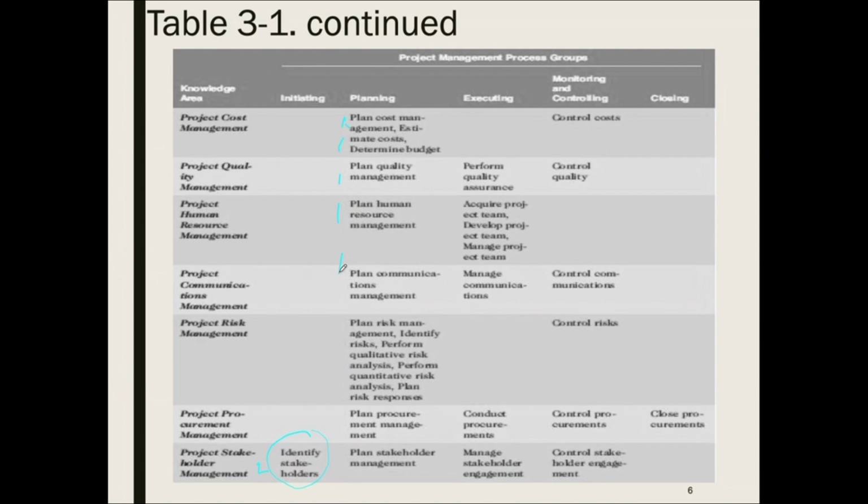the knowledge areas. This is why we always say that, or I will ask you this question: what are the 3 most important phases or 3 tasks that you have to do in a project? Can you answer me, please? Number 1, in a project.